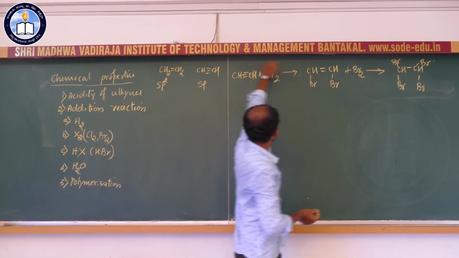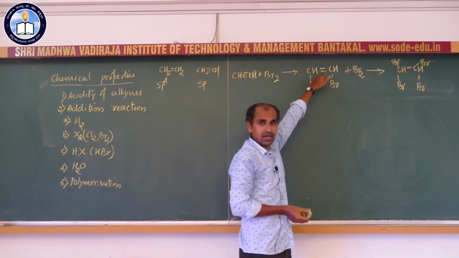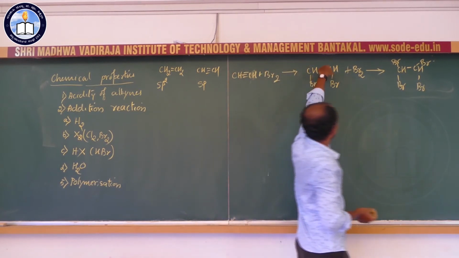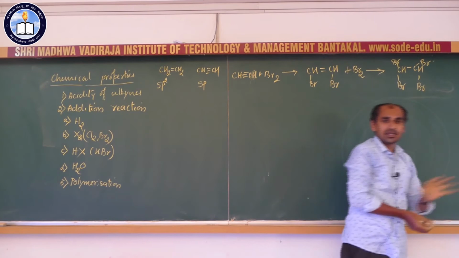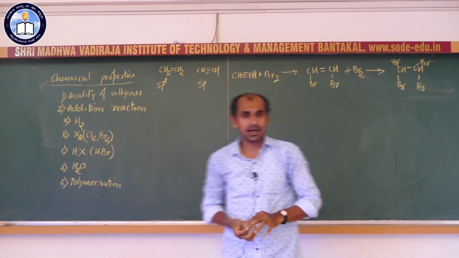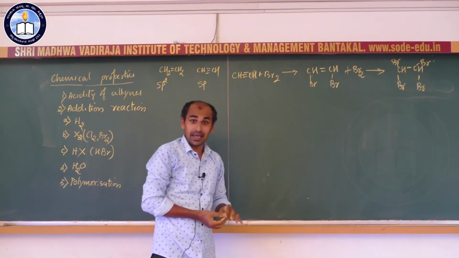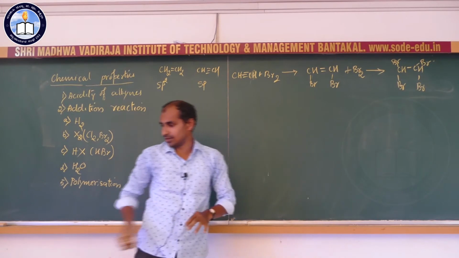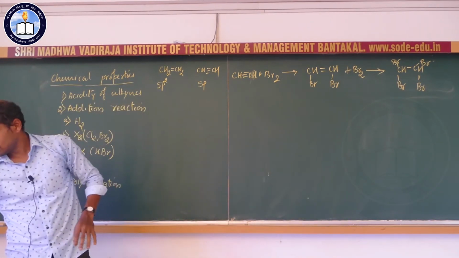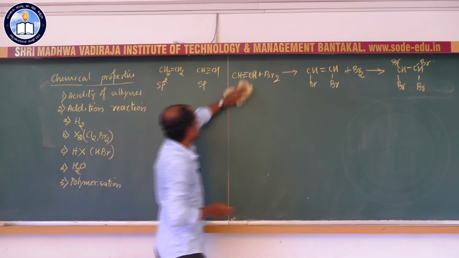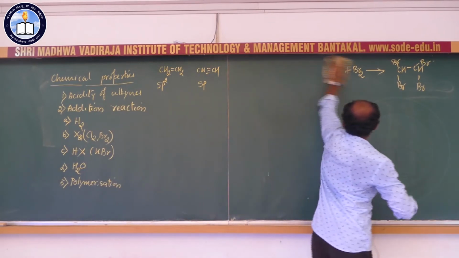In the first case, alkyne converts into dihaloalkene. This dihaloalkene again undergo addition to give tetrahaloalkane.